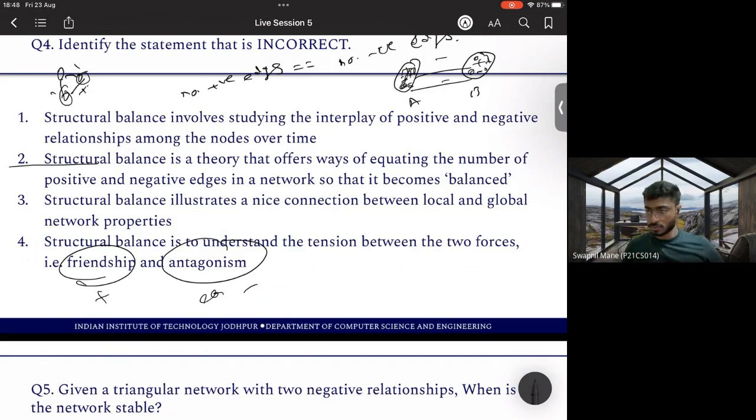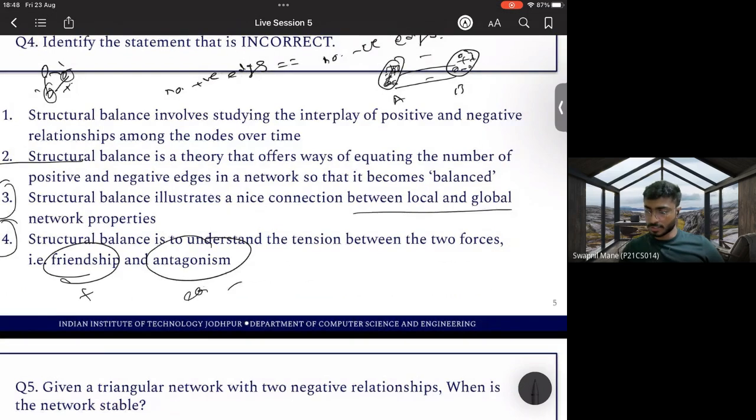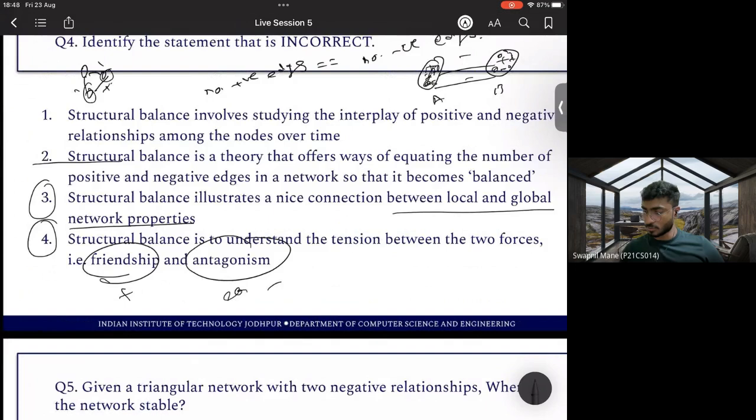So these options are correct, right? It shows the global and local properties, and we are also understanding the relationship between users using friendship and antagonism.